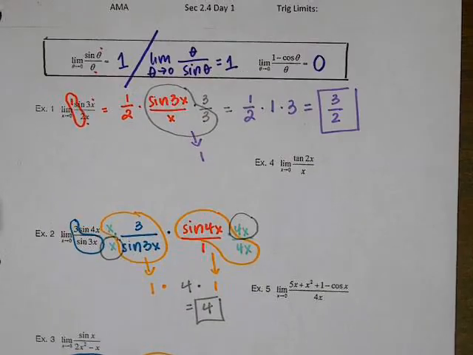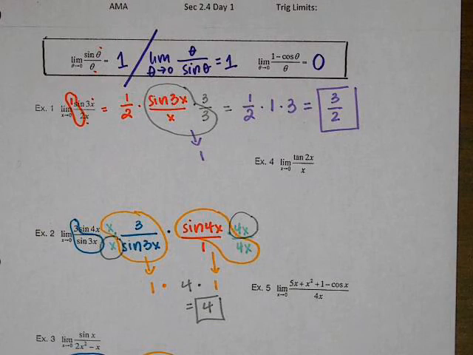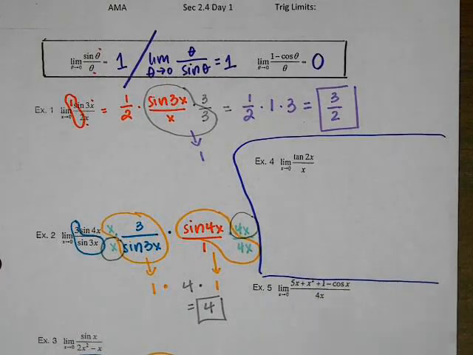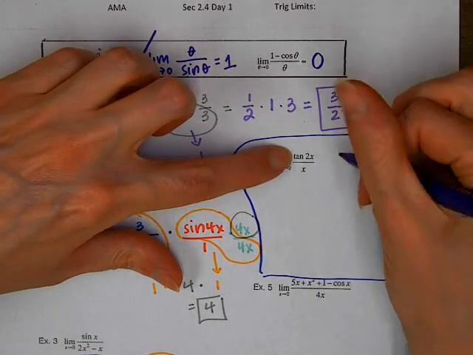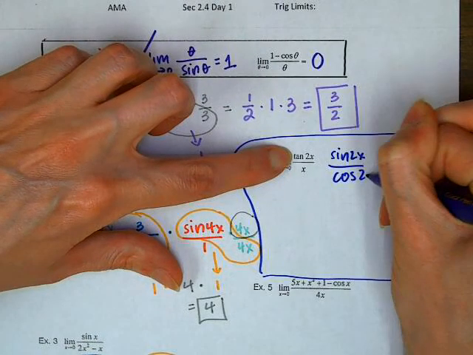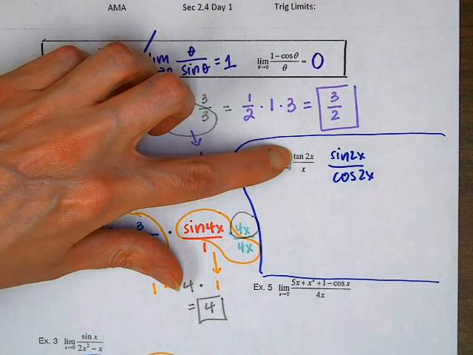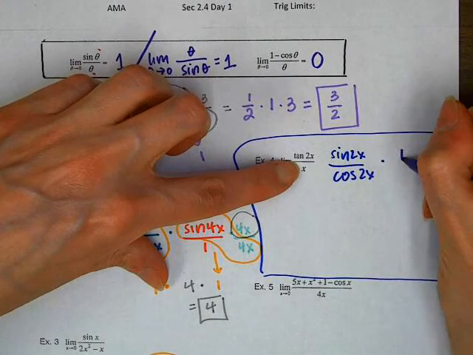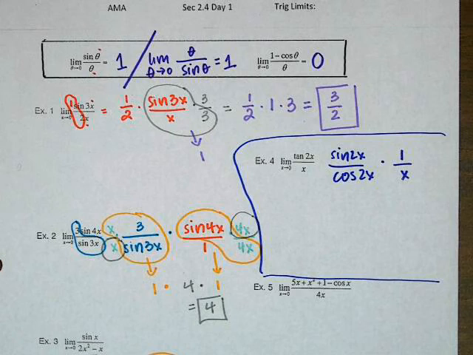All right, moving on. Number 4. Let me get some new colors here. All right, for this guy, do you guys remember what tan 2x is? Just sine 2x over cosine 2x, right? Tan is just sine over cosine. And then dividing by x is like multiplying by 1 over x.